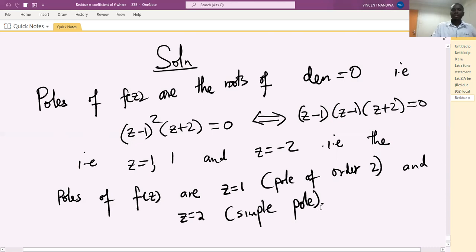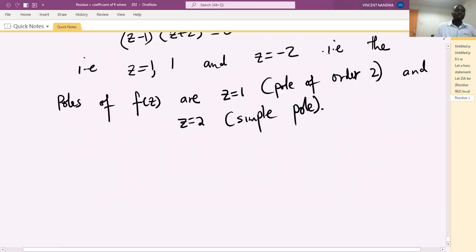Second step is to find the residue at each of the poles. So residue at z equals 1.